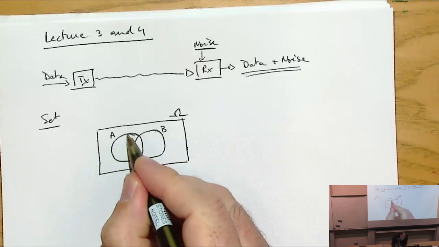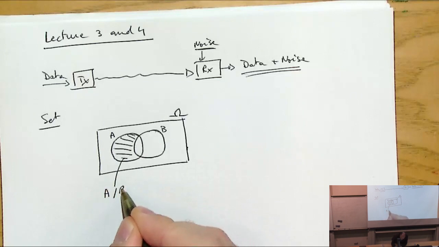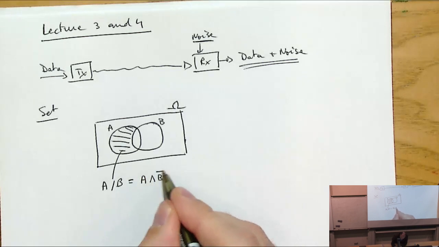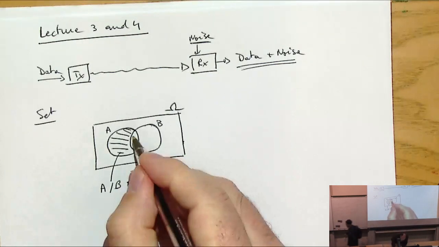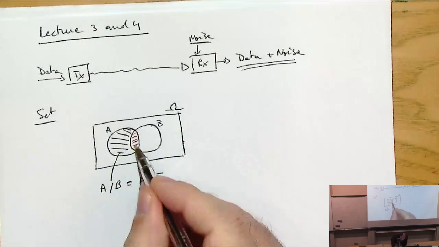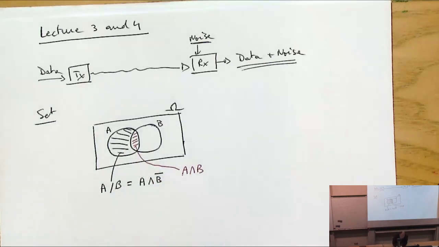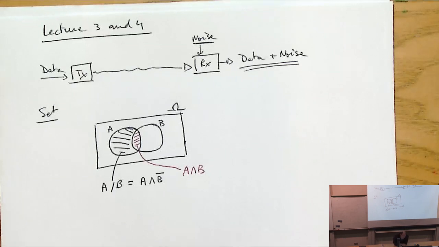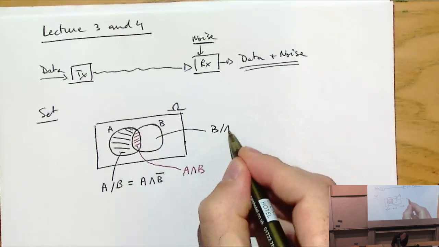And we said this part here, right, this is A minus B. And this can be written as well as A intersection not B, the complement of B. Right, where we had the intersection here is essentially A intersection B. Right, so those are all elements that belong to A and B. Right, so this part here is B minus A, right?